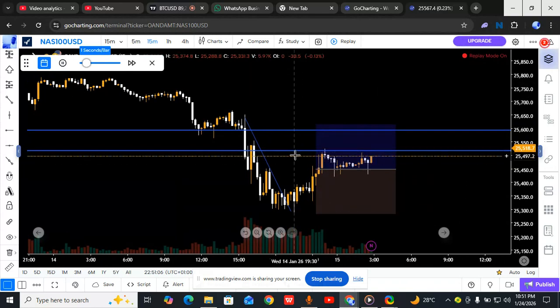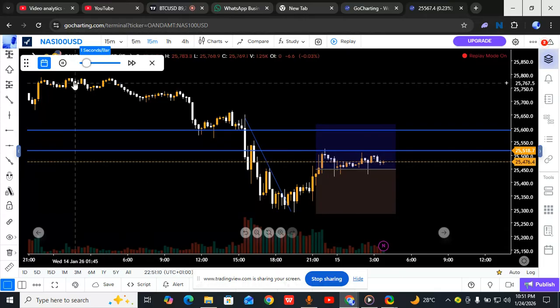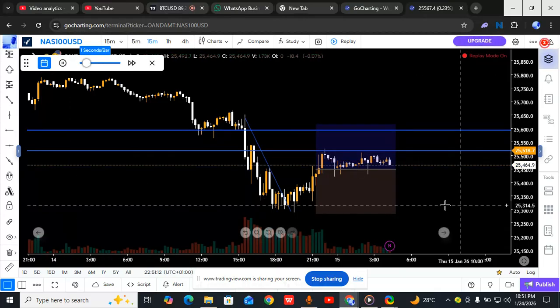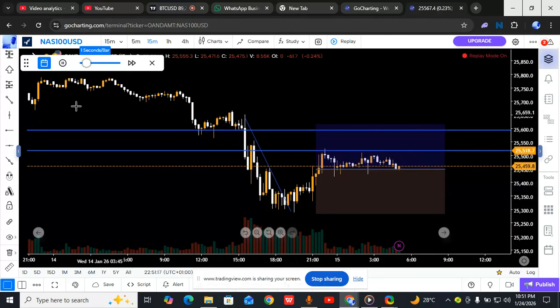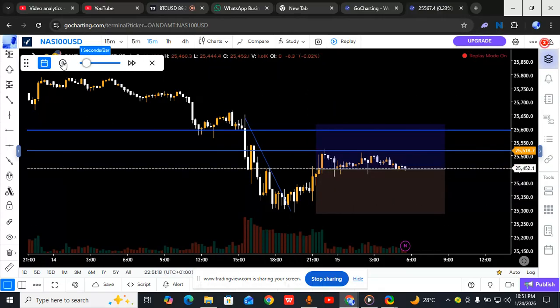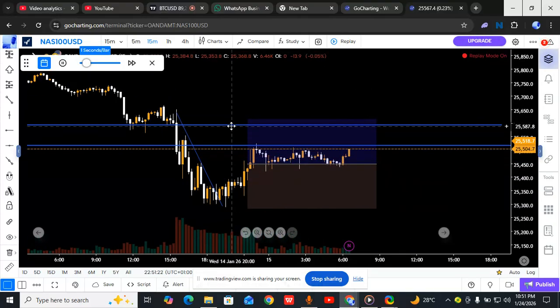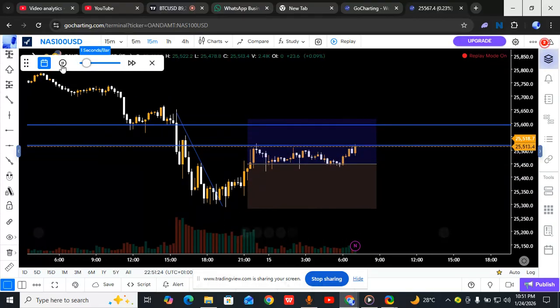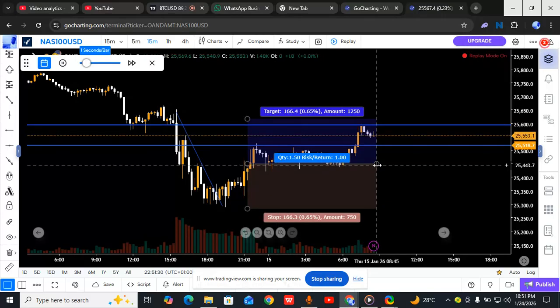If not for this neckline liquidity here, this particular move over here will hit our TP instantly, because trading 1 to 1 on Nasdaq is very, very fast. It hits TP or your stop loss very, very fast. So it's ranging because of this liquidity here. Once it overcomes it, it should shoot up very close to our TP.